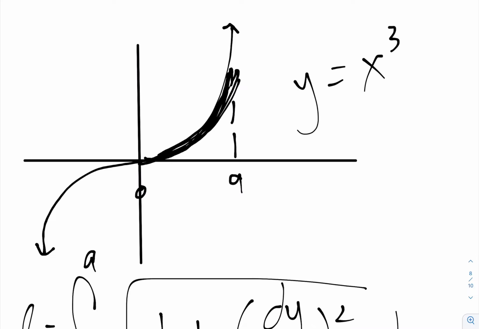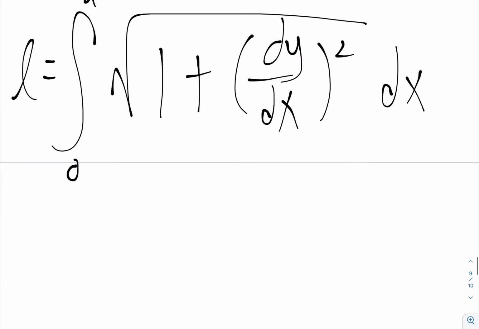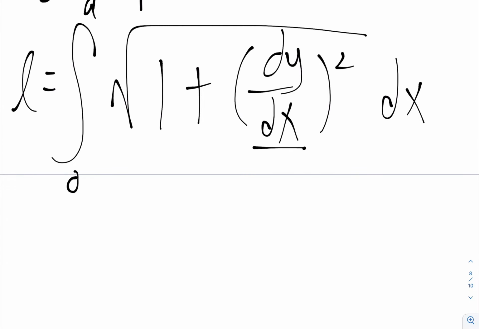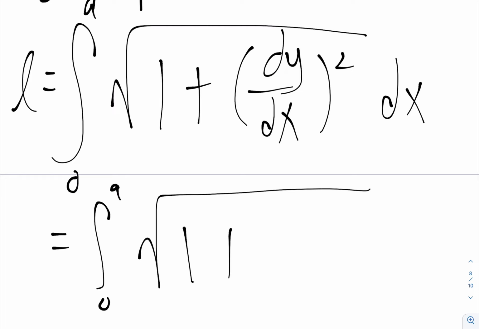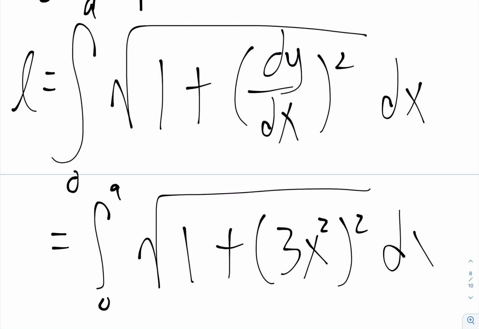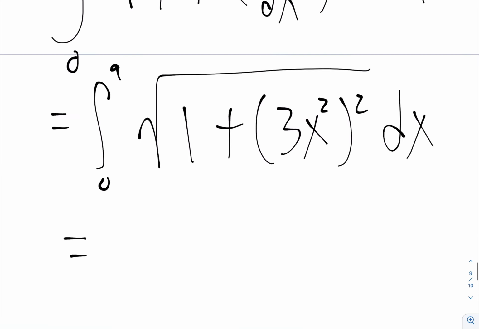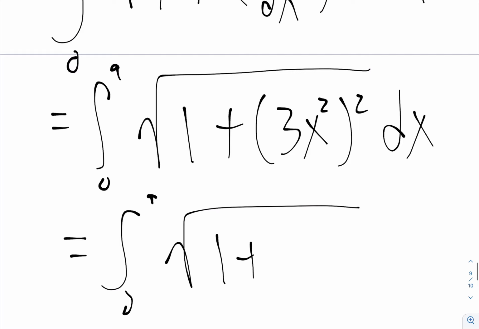They specified that in the question. So we're going to have to differentiate that, find dy by dx. That's just going to be 3x squared. So from 0 to A, square root of 1 plus 3x squared, all squared, dx. So that's going to be the integral from 0 to A, square root of 1 plus 9x to the fourth times dx.